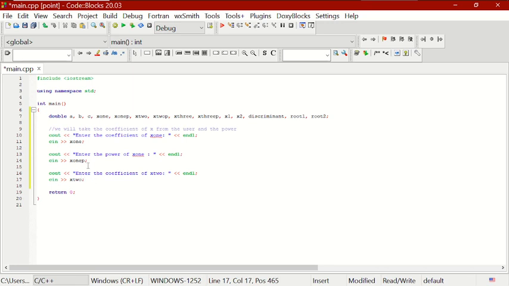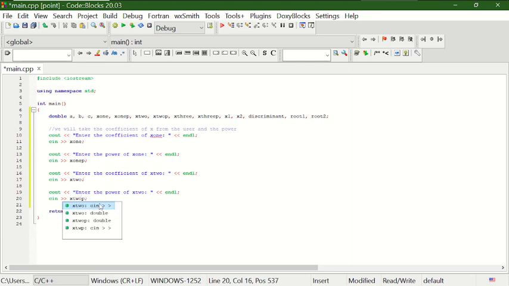So let's copy for power now. So x2 power. So we'll call this 2, right? x2 power, yes.